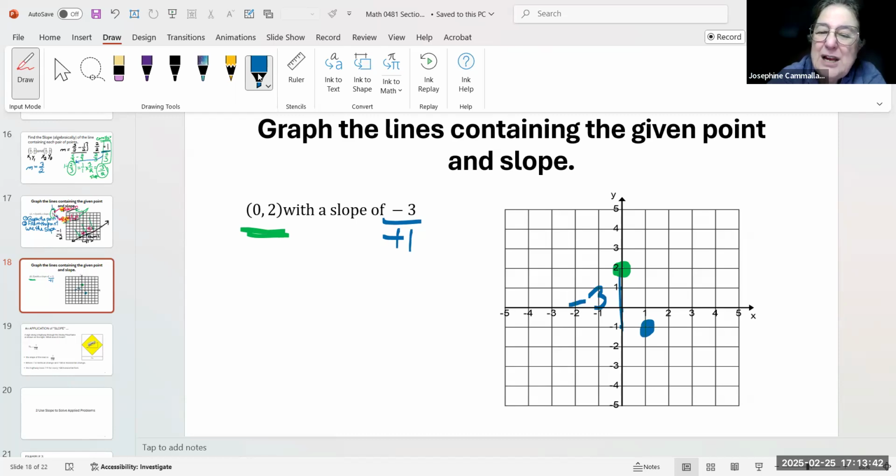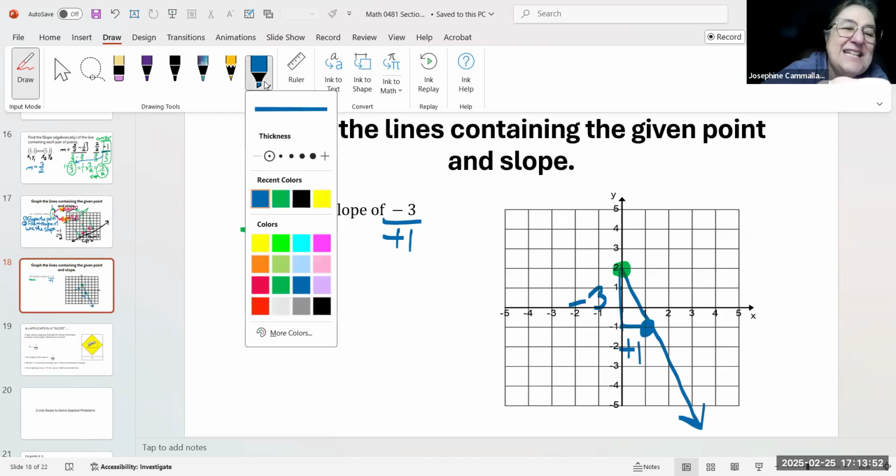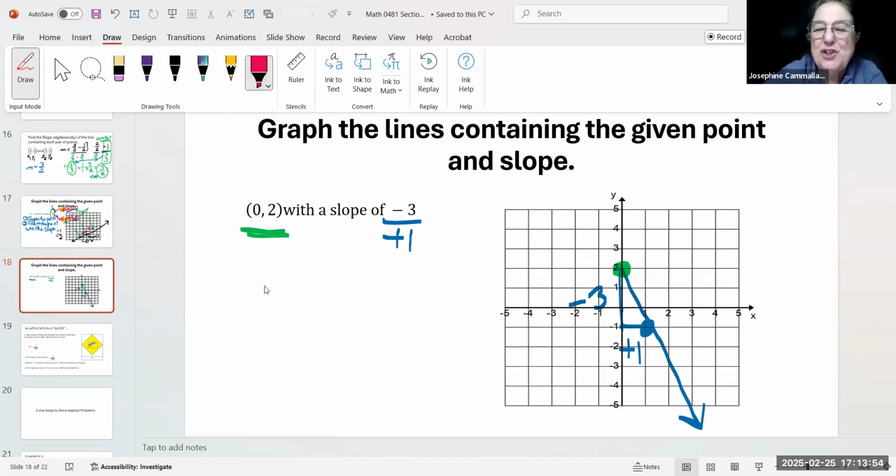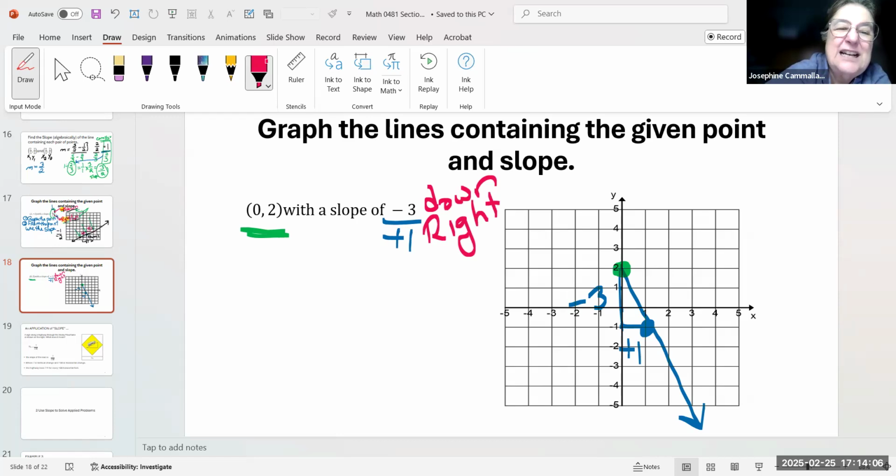Down 3, right 1. Now notice it's sending me downward, but I need to go in the opposite direction. Well, if I go down and right, what's the opposite of down and right? Up over left, which is a +3 over -1.